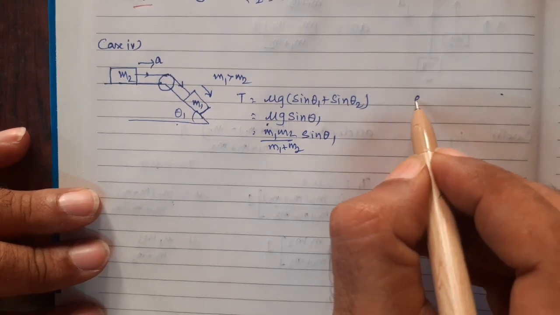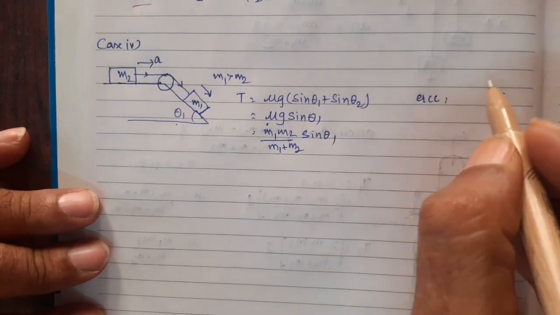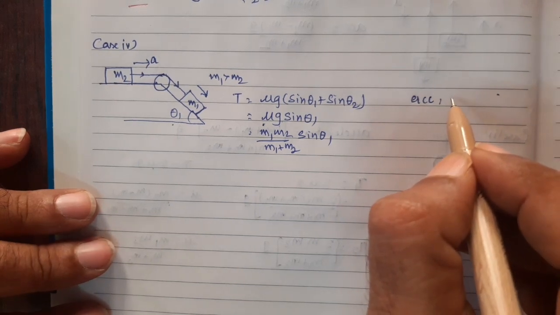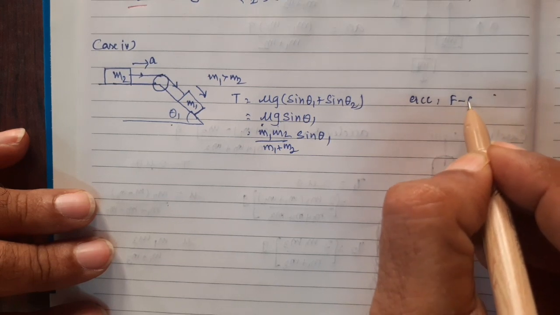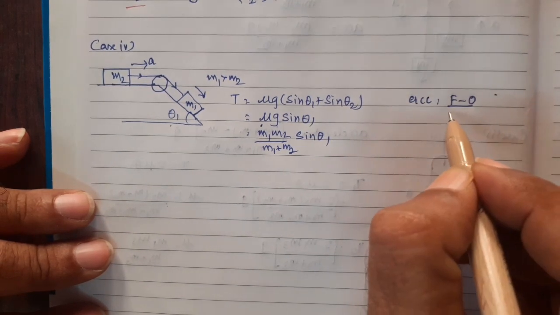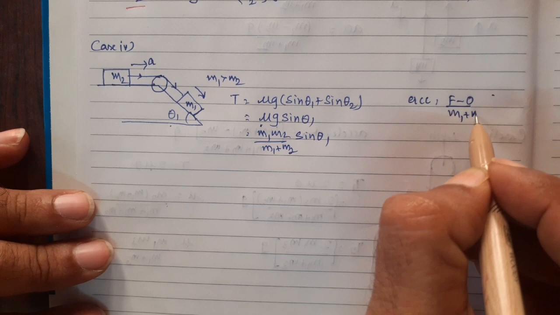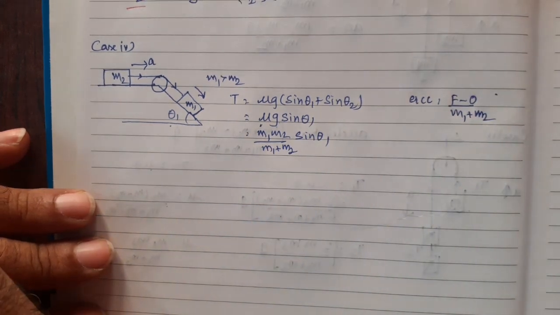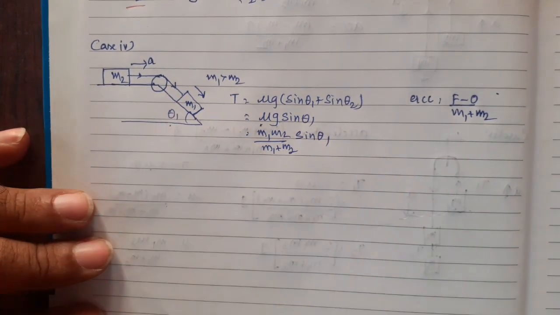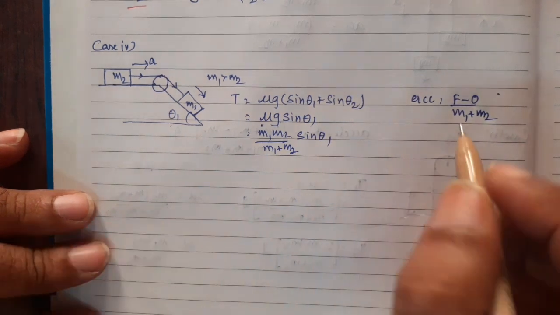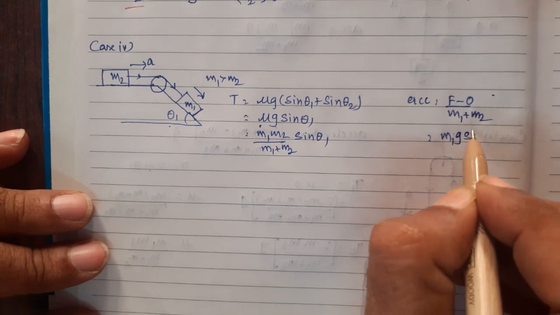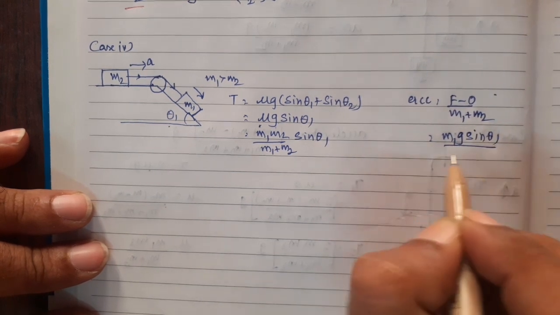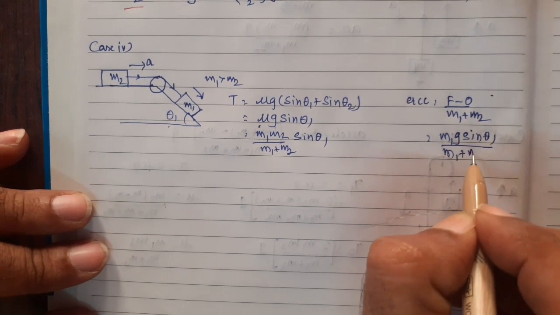Therefore the acceleration is equal to the forward force minus the backward force by the total mass, m1 plus m2. This is equal to m1 g sine theta 1 by m1 plus m2.